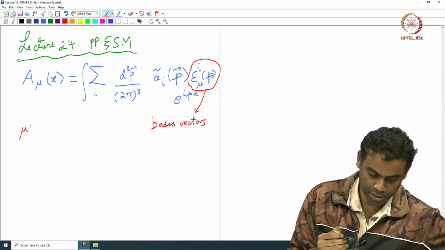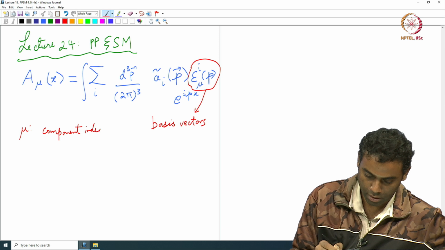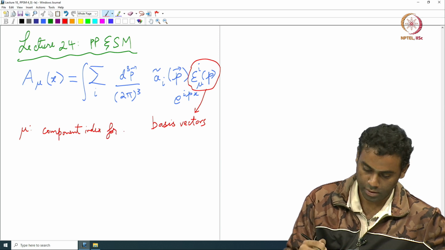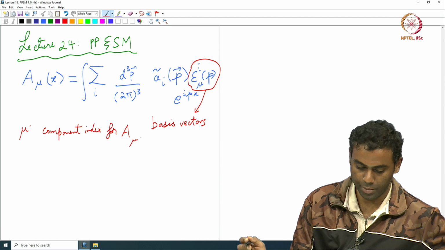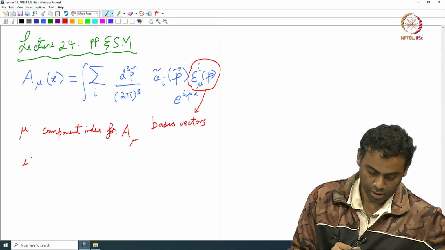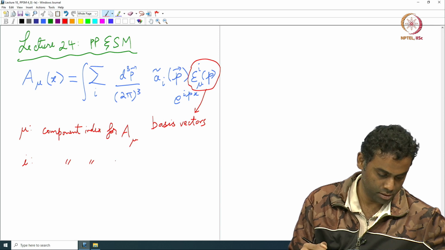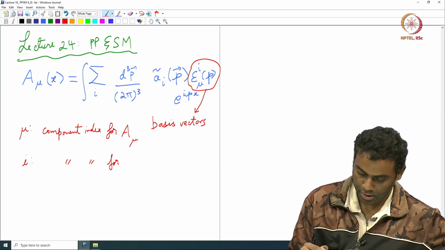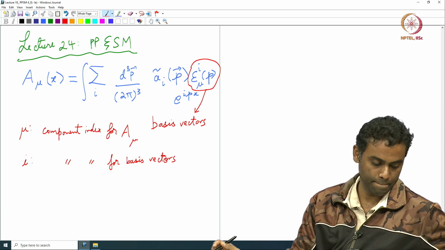So, that means mu is the component index for the A field, literally A mu, right, and I is the component index for the basis vectors. So, we just saw we had 3 degrees of freedom, right. So, you can form a basis using that.